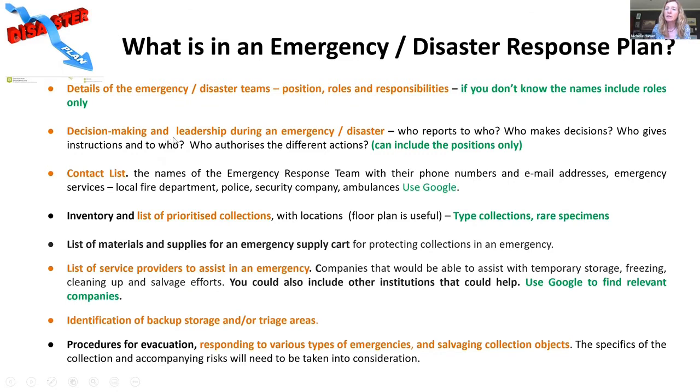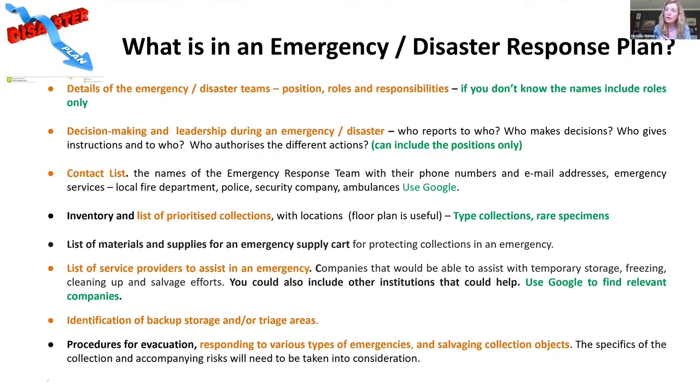Then the other aspect that's really important is the decision-making and leadership. So who reports to whom? This is really important, because if you don't know who takes decisions and what your reporting lines are, it can create chaos. People can be held responsible for doing the wrong thing, or doing things that are not their responsibility. It should have been done by somebody else.